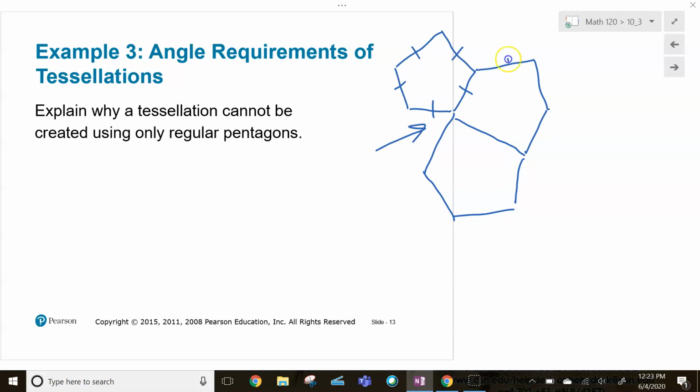That's the question. They're all regular pentagons. Well, it's saying we can't do it. Well, why not? Let's see here.